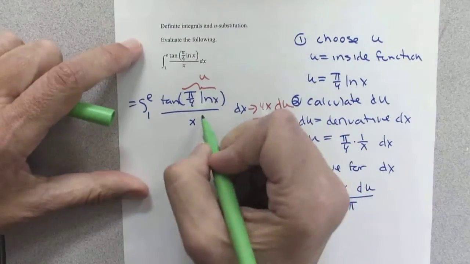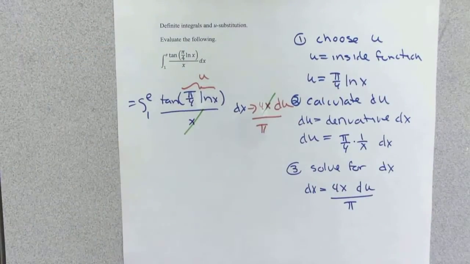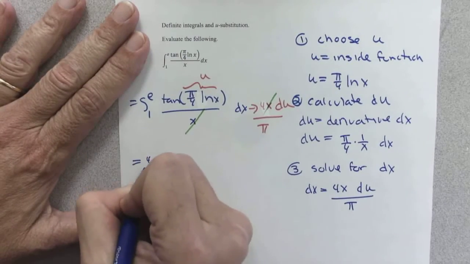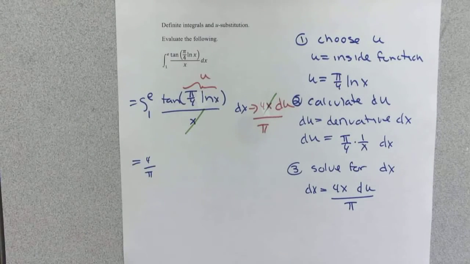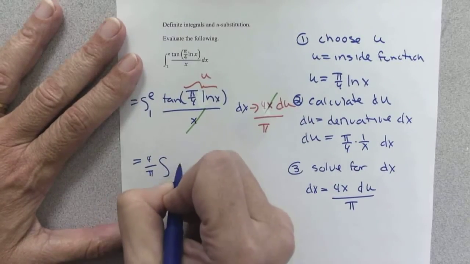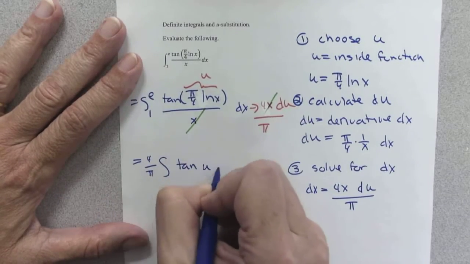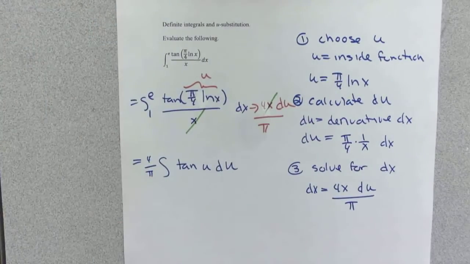We've got some canceling here. Those x's are going to cancel. The 4 and the pi are just multiplied coefficients, so they can come all the way out. And all I've got left is tangent u du.